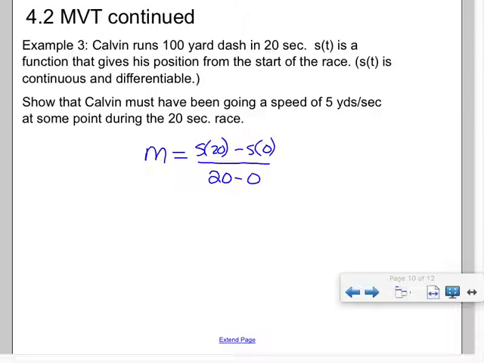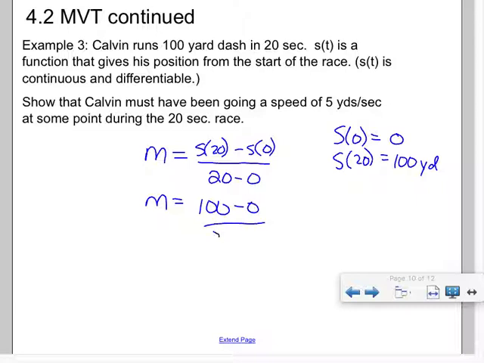Well, they told us the position we're at is the start of the race. We haven't run anything, so it's 0. And the position we're at 20 is 100 yards because it's a 100-yard dash. So the slope is 100 minus 0 over 20 minus 0, which is 100 over 20, which is 5 yards per second.